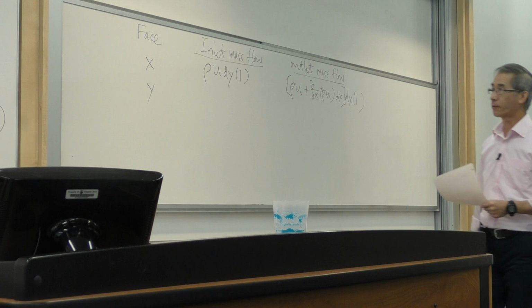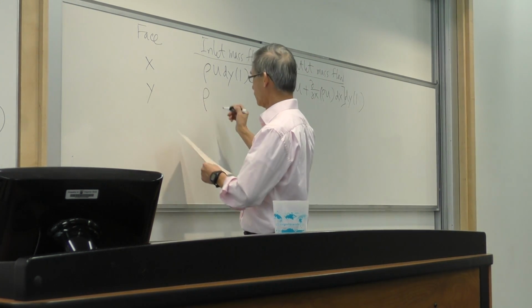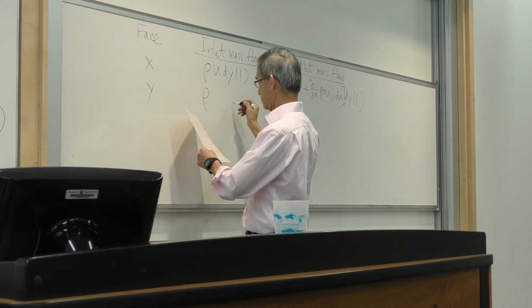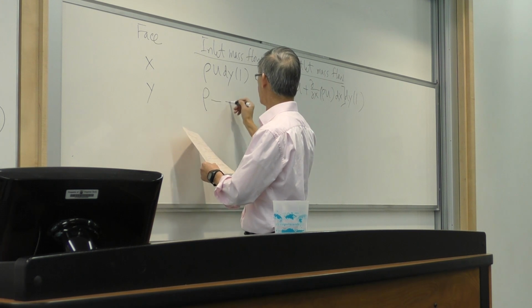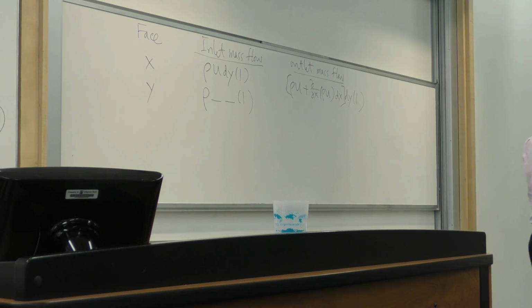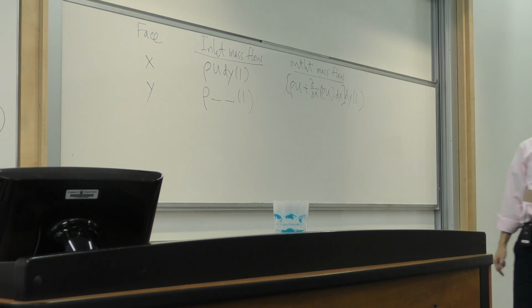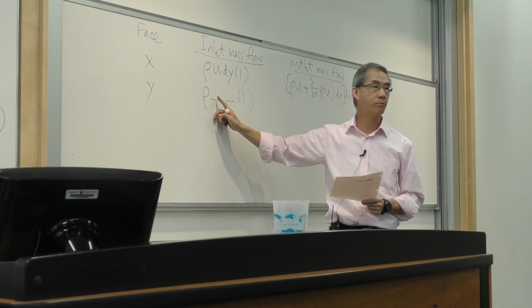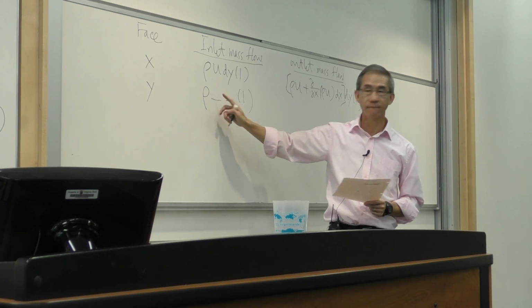Now, can you infer what that mass flow will be on the Y surface? Do you understand the question? So I've done the horizontal mass flow, left side and right side. I'm now asking you to do the one perpendicular, top and bottom to the board. What will U be replaced by? V? Very good.